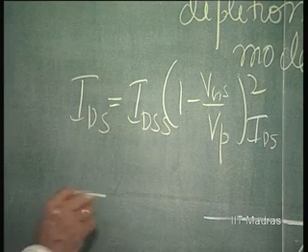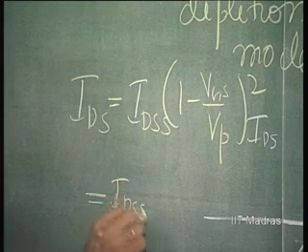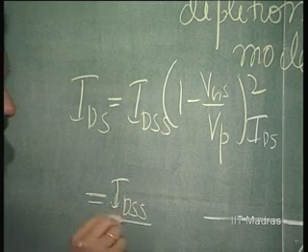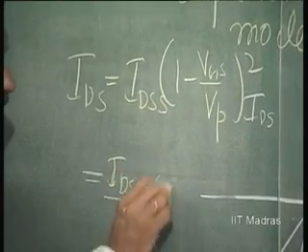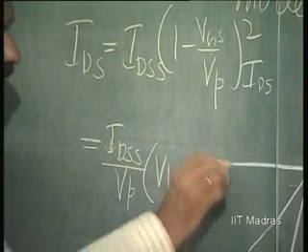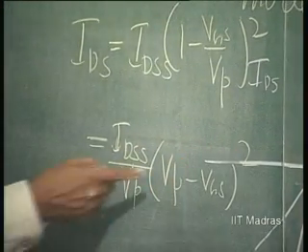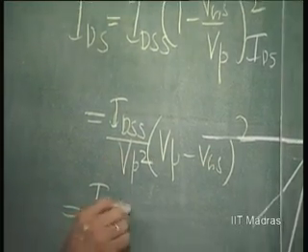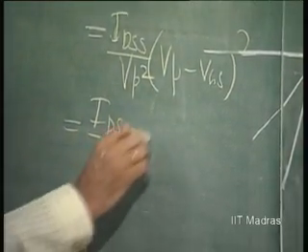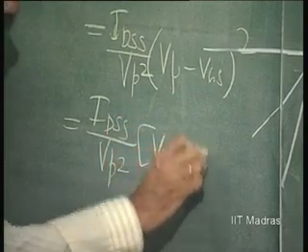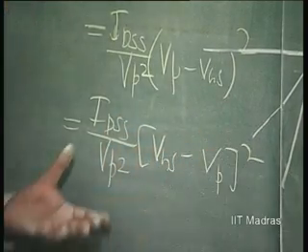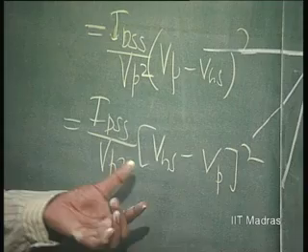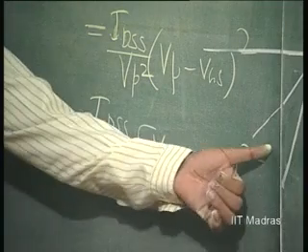For example, this can be IDSS by VP into VP minus VGS whole squared. Since it is squared, this is IDSS by VP squared into VGS minus VP whole squared. See, this is similar to K into VGS minus VT whole squared.